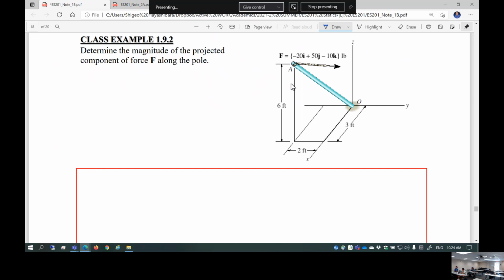So first of all, let me start doing this. I'm going to define a position vector. What kind of position vector do you want to define? Because your desired answer is the force's component projected onto this pole. What kind of position vector do you want to find?